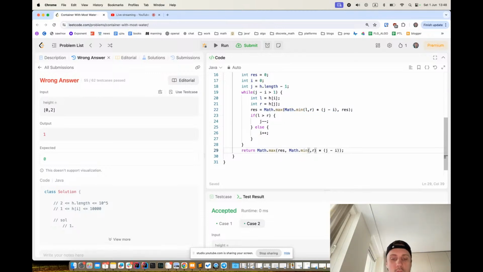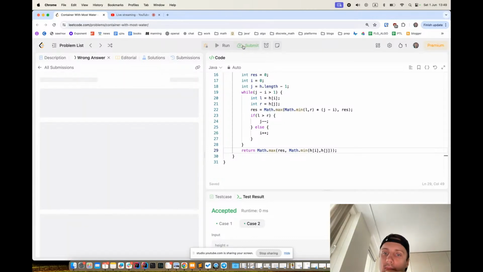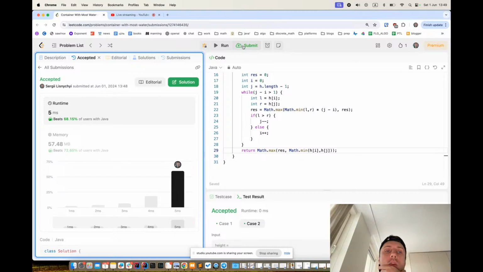So we take the minimum between height i and height j, we multiply by the distance, we take 2, right? By 1. Okay, so we are done.